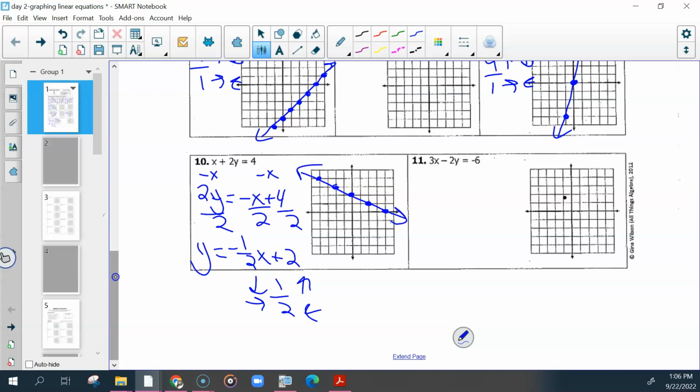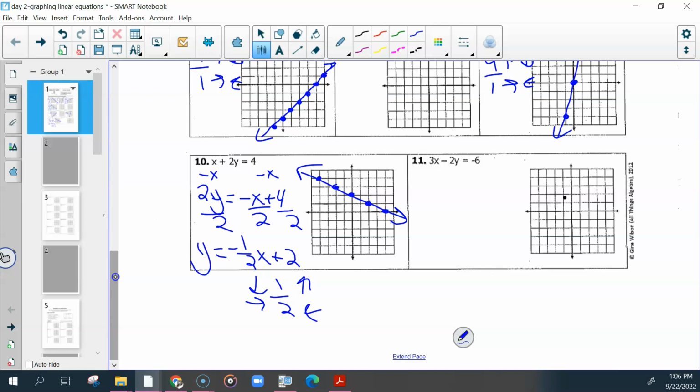Precious, so you still want to see 11? Yes. So we're going to do similar, but now we would do what first? We just need to get it back into slope-intercept form.